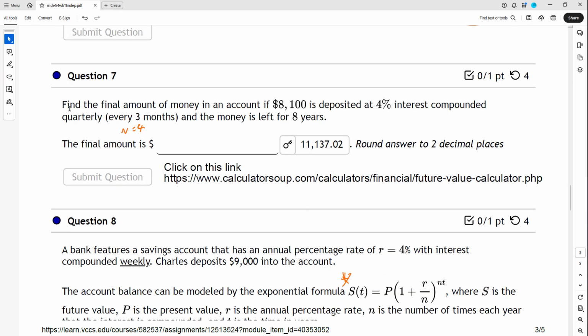Number 7, find the final amount of money in an account if $8,100 is deposited at 4% interest, compounded quarterly every 3 months if the money is left for 8 years. So you can click on this link here.